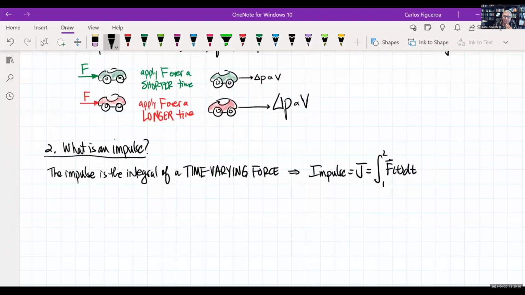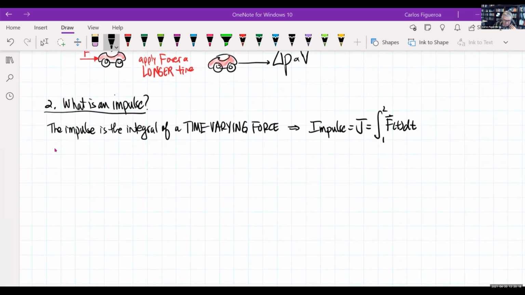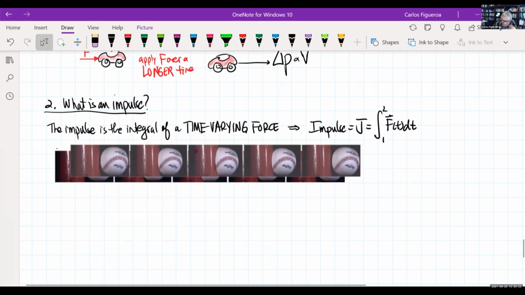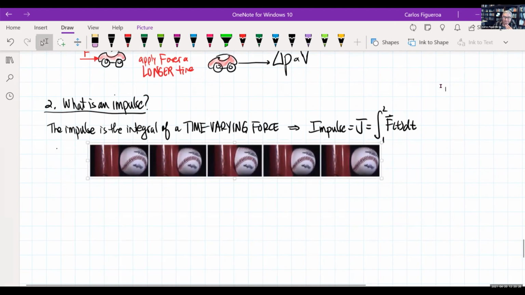So what I want to do here is go in and look at this thing carefully. Let me see if I could bring this in. So here's the image that we just saw. And what you're seeing here is that contact begins between the ball and the bat.